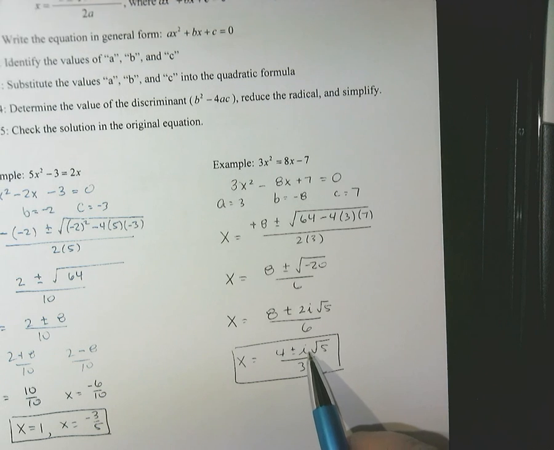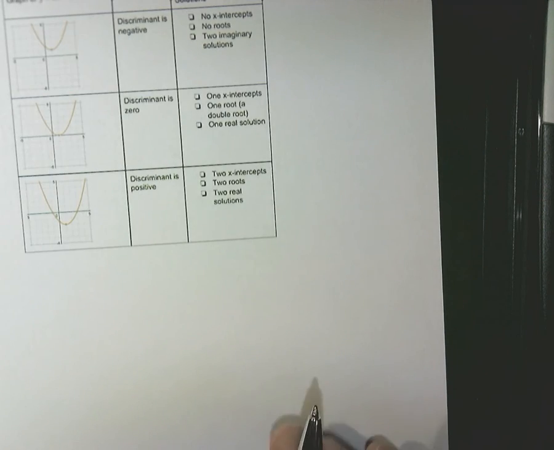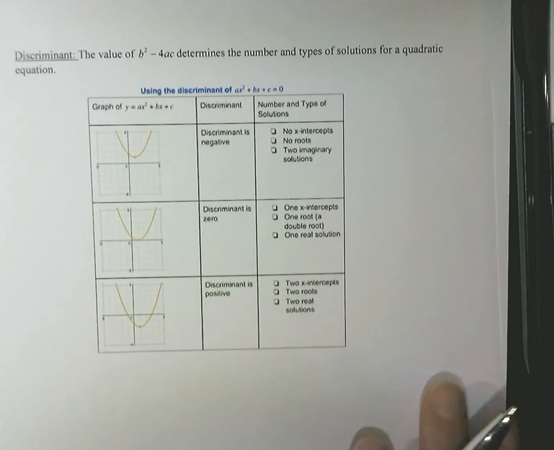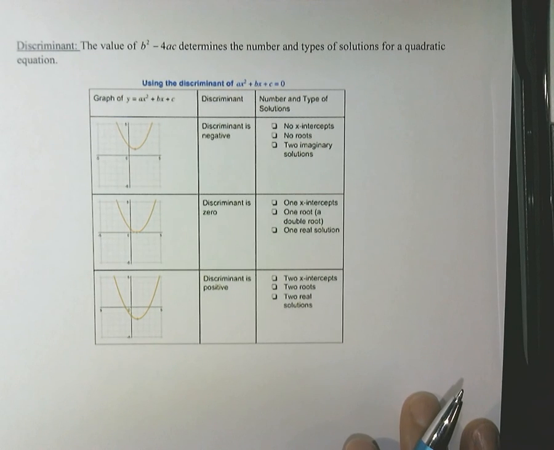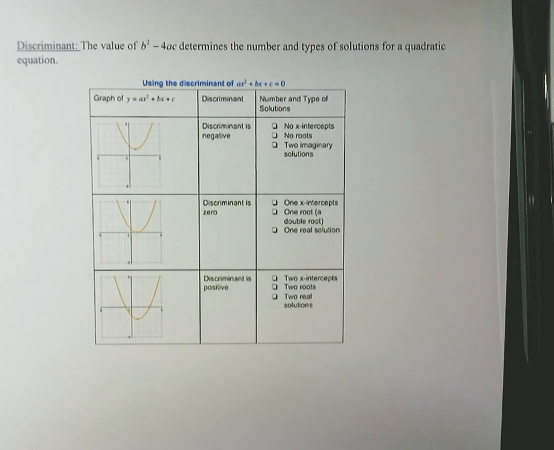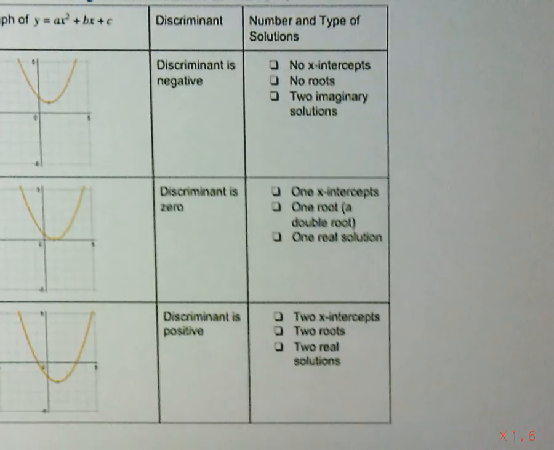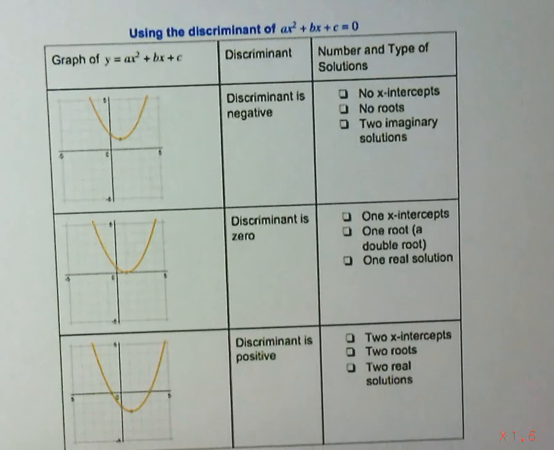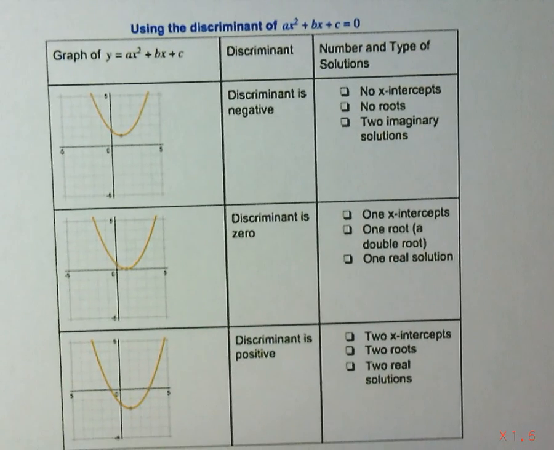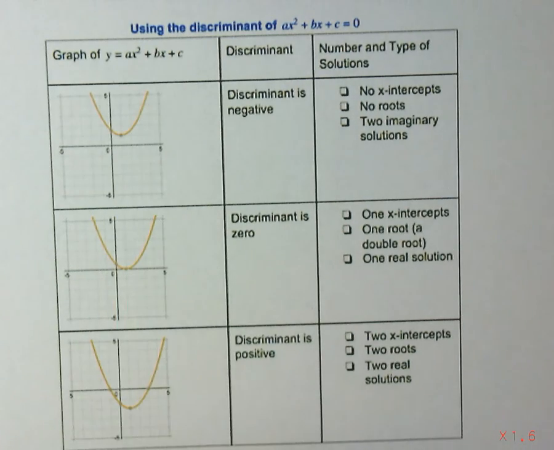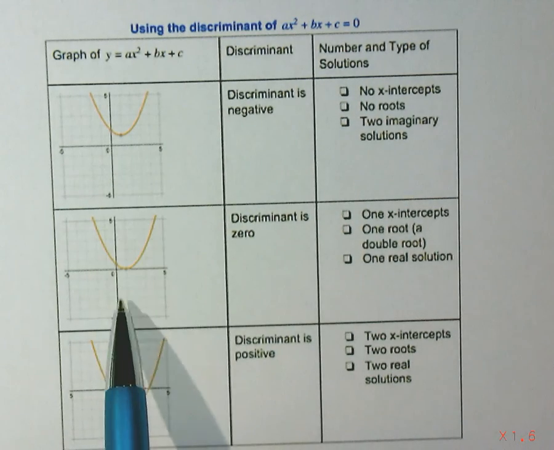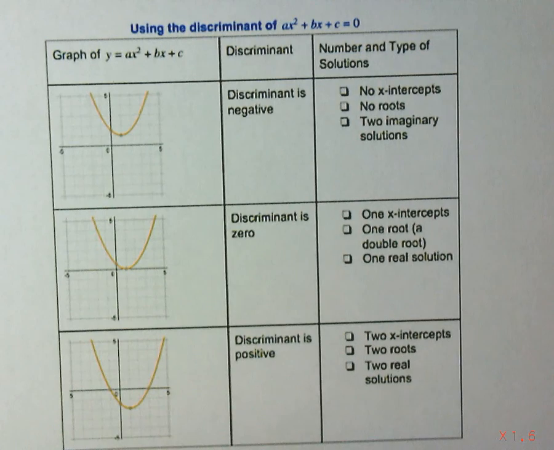So on a recap of Algebra 2, and I know this doesn't show up really, really well. Let's go ahead and zoom in a little bit. That's better. So for a quadratic, the graph is y equals ax squared plus bx plus c. These are all just generic quadratics.